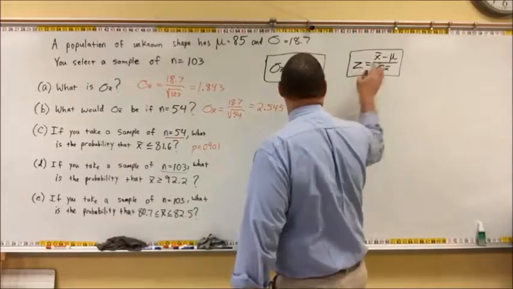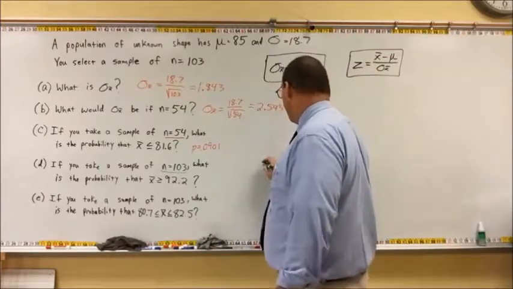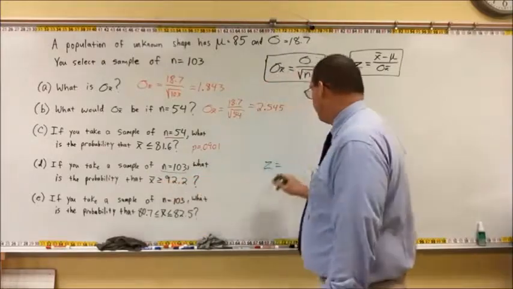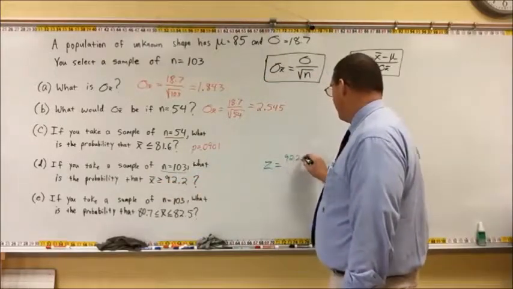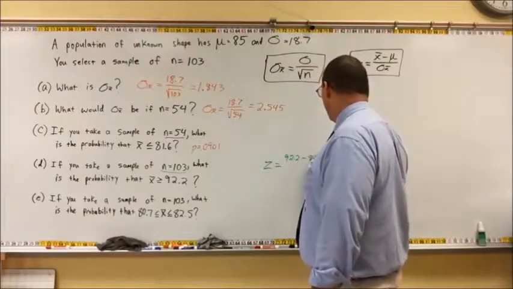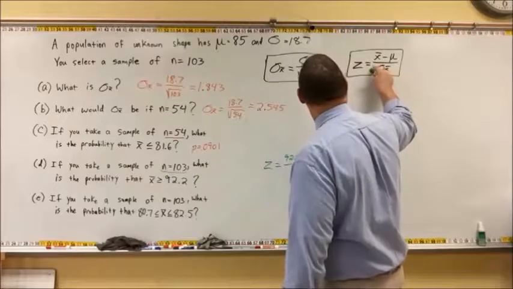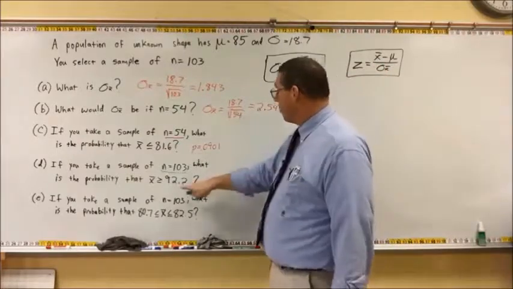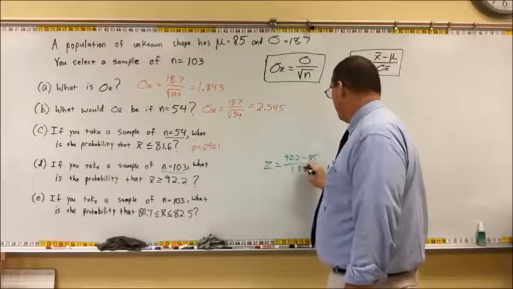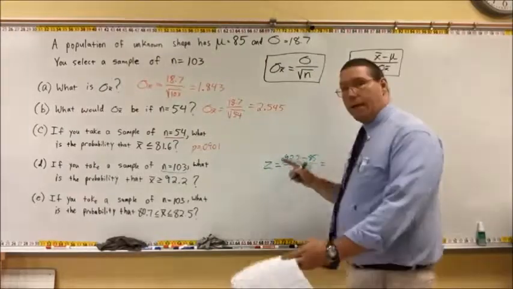So we need a z-score, which is going to be x bar. X bar is 92.2 minus the population mean, which is 85, divided by the standard error. Now the standard error for 103 is 1.843. Do that in the calculator.